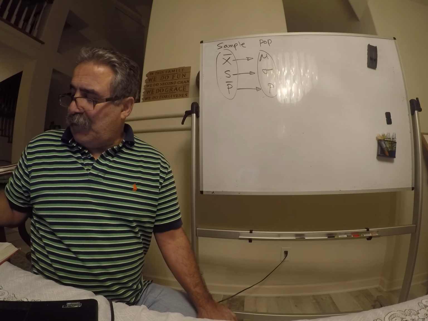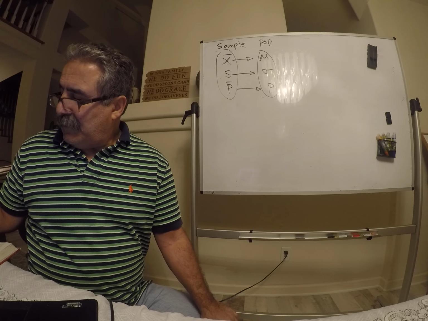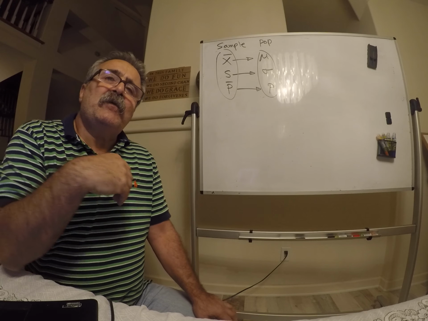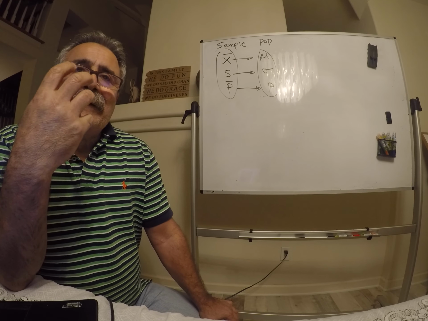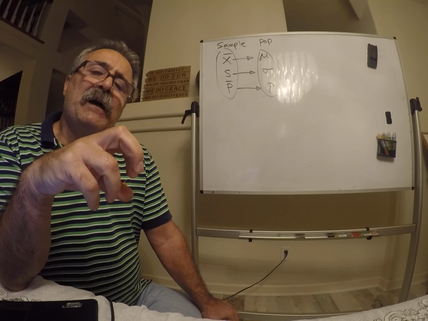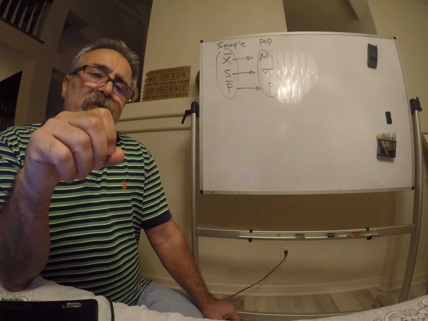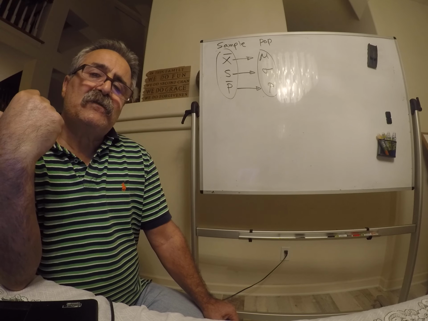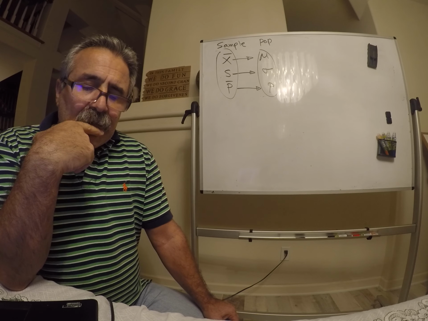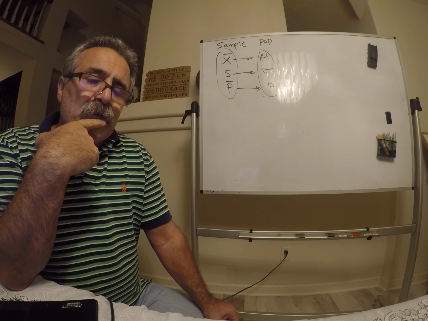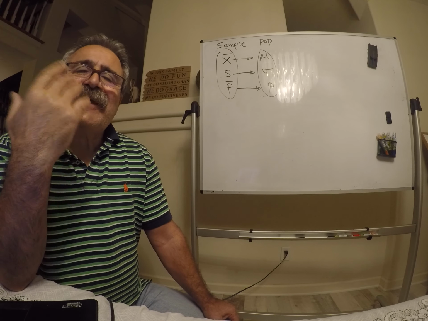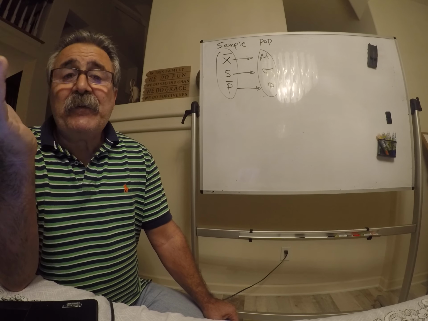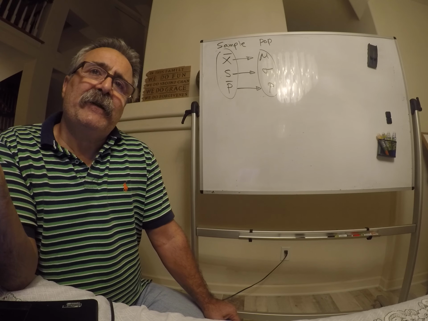Let me give you an example to show you how we have to use this random number table. Let's say that we are going to pick a sample of 10 from a population of 500.